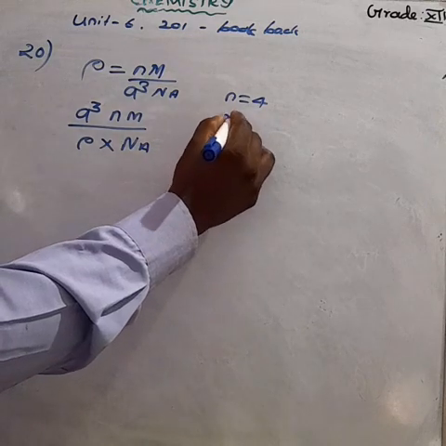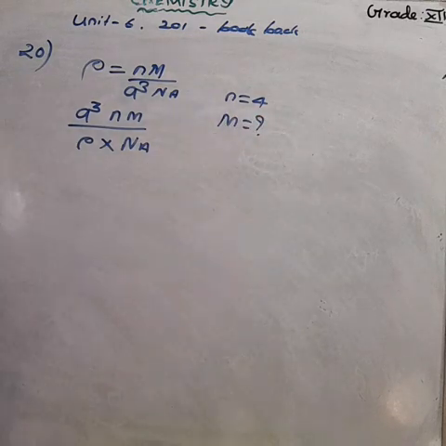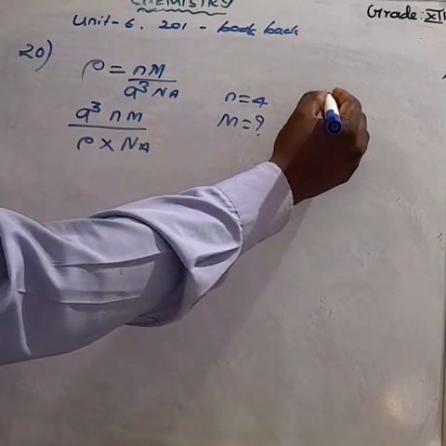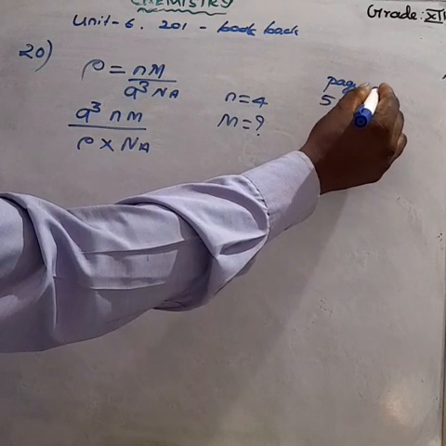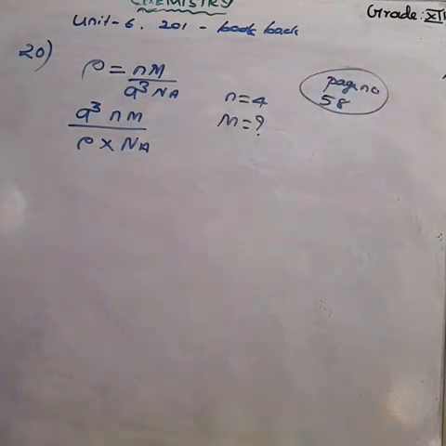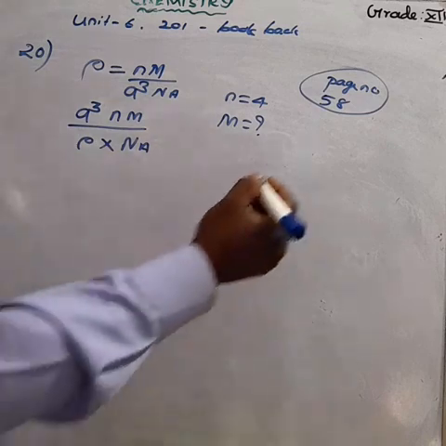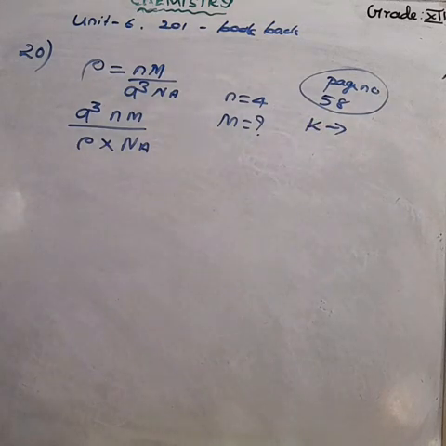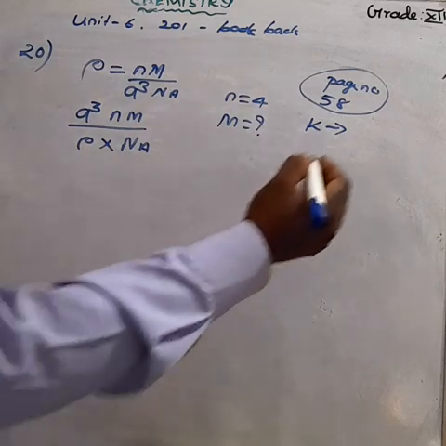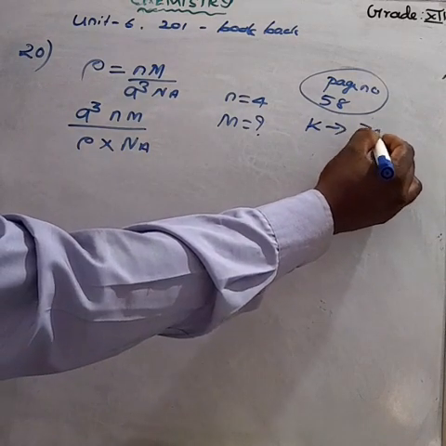For that M value, those who have the logarithm book, come to page number 58. Page number 58. They have potassium. The atomic weight given here is 39.10.